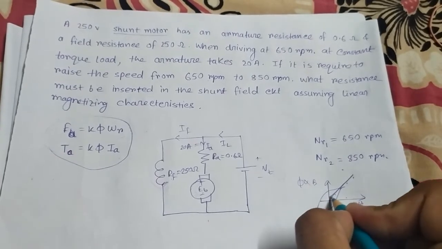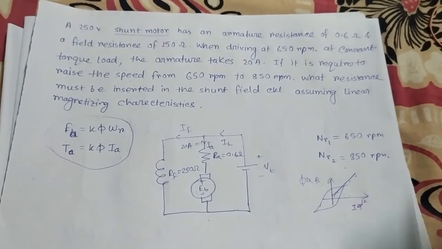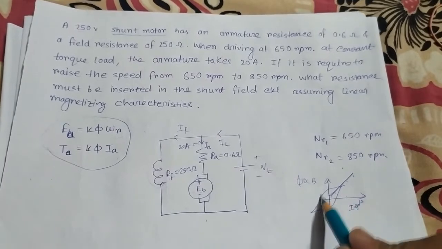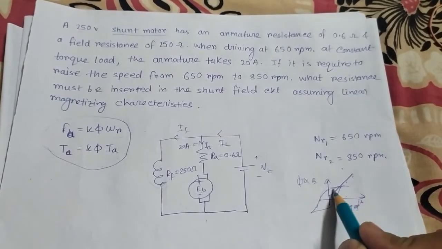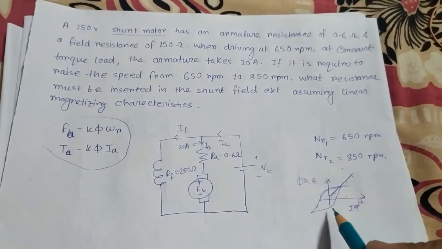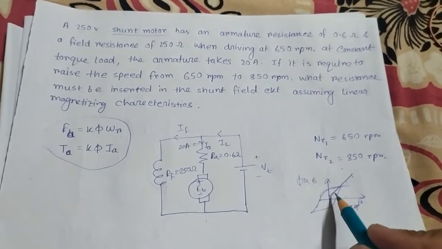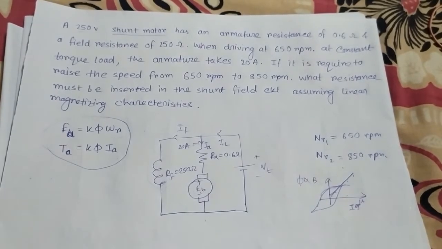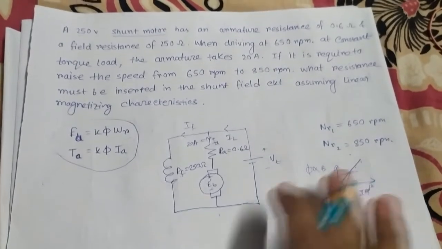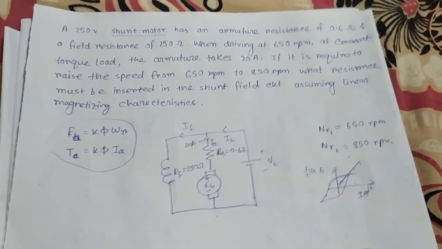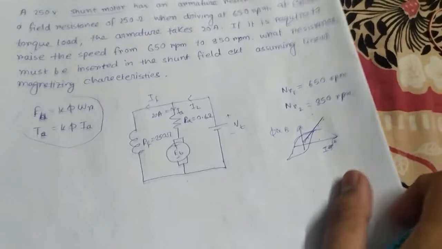So this is the linear characteristics coming. That means here flux is not constant. For ferromagnetic materials the flux is constant, but here the flux is not constant, and we have to assume that. So this information is given. Now we will directly switch to our solution, right?